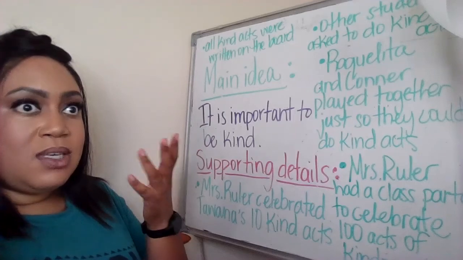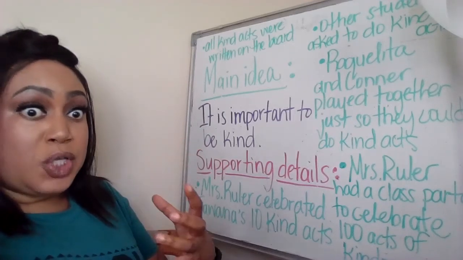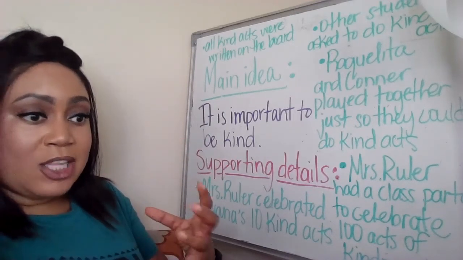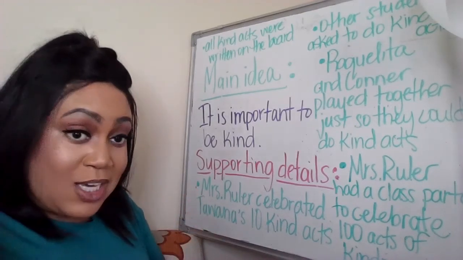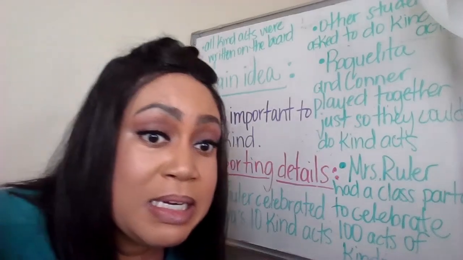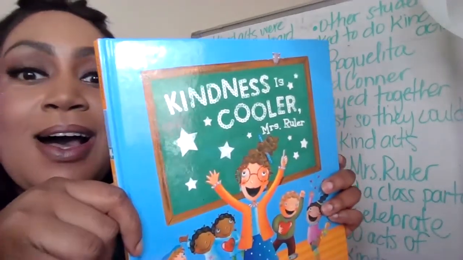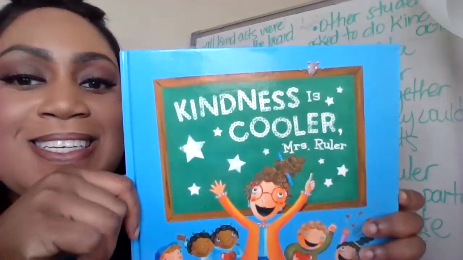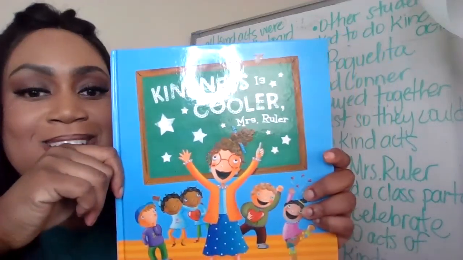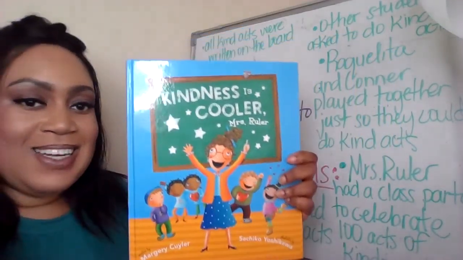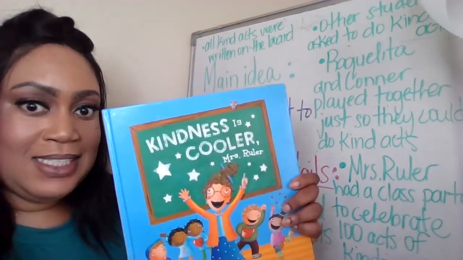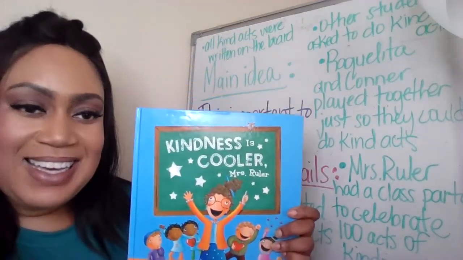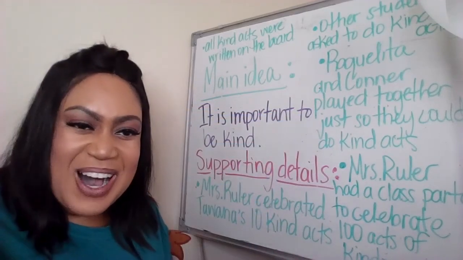Because usually the title gives us the biggest clue about what the author's main idea is. What could the title be? Kindness is Cooler, Mrs. Ruler. That's the title. Does the title match the main idea? Yeah, good job, guys.